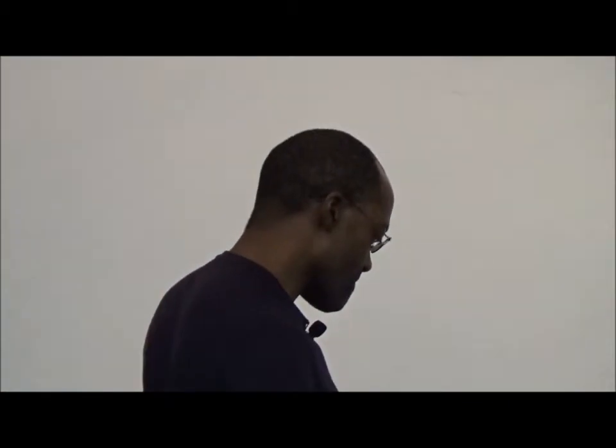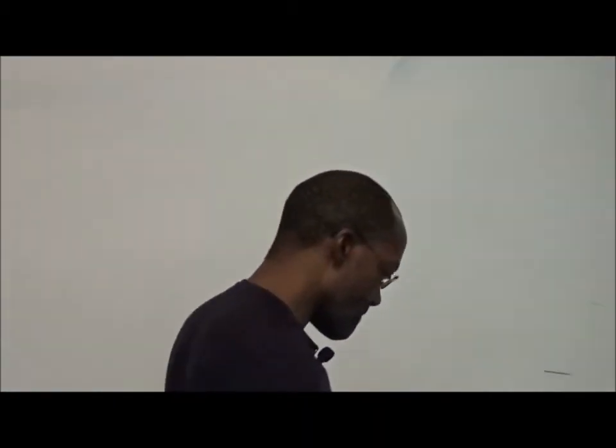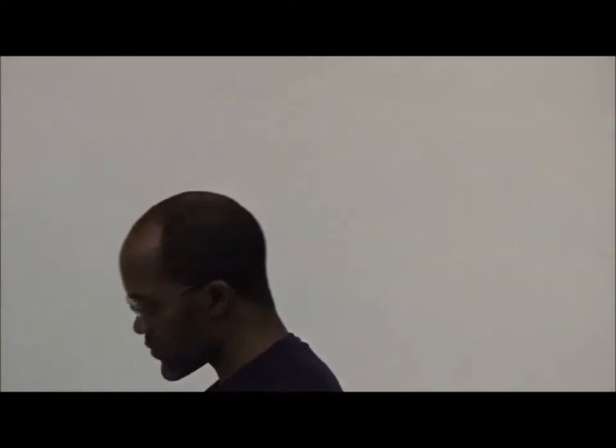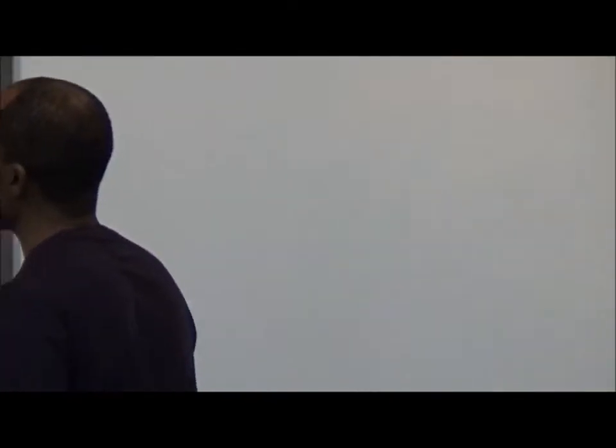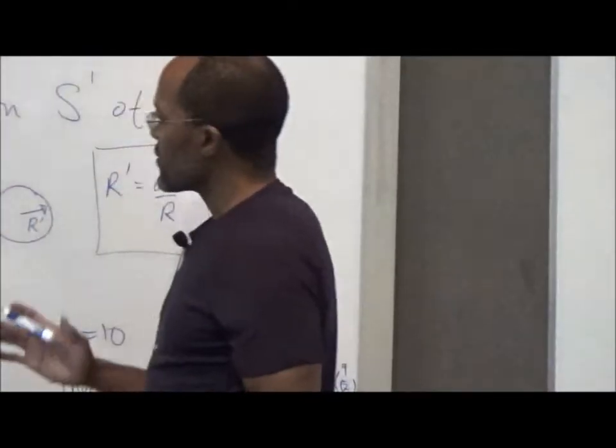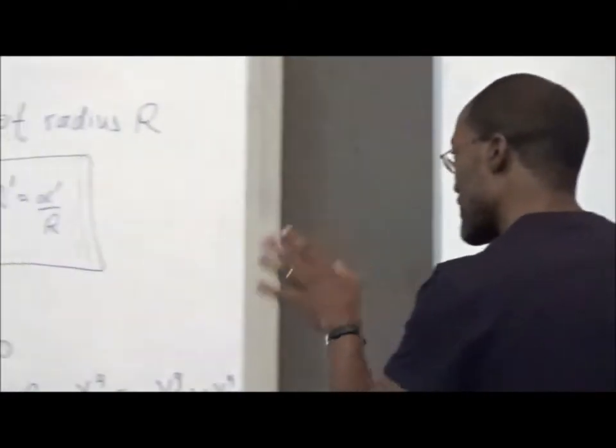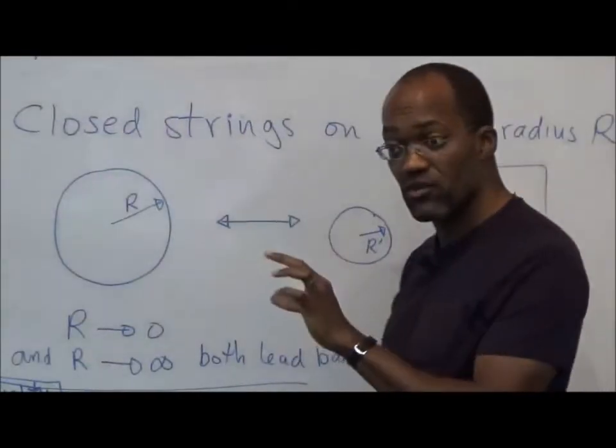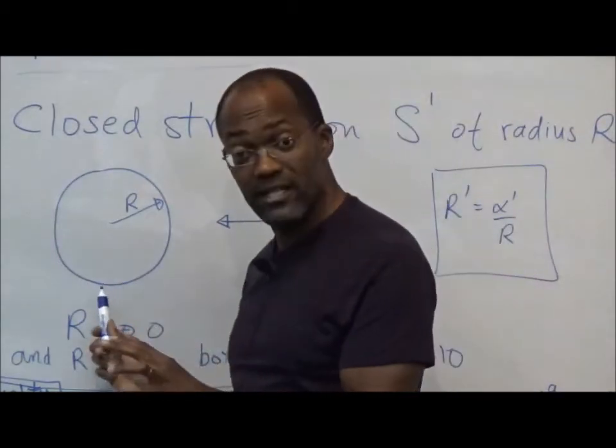Okay. So how are we going to tackle this puzzle that came up at the end of last time, right? Which is that, well, clearly this can't work for open strings, right? Because the fundamental thing that actually made this work is the fact that I had this conserved quantity called winding, right?